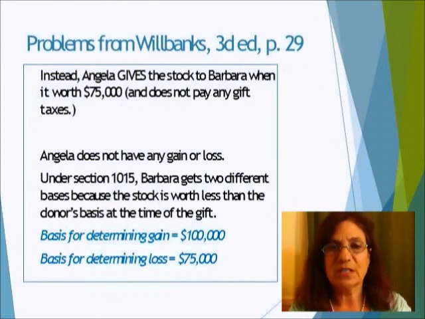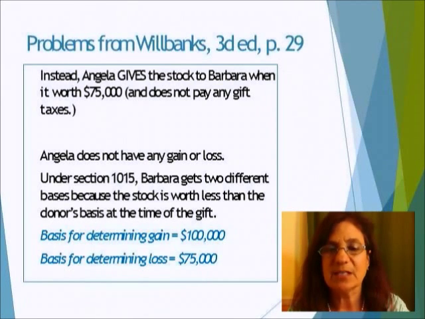Now, to change this up, Angela gives the stock to Barbara when it is worth only $75,000. Right? This is the stock that she purchased for $100,000. It has gone down in value, and now the fair market value is less than her basis. In this instance, Barbara gets two different bases.